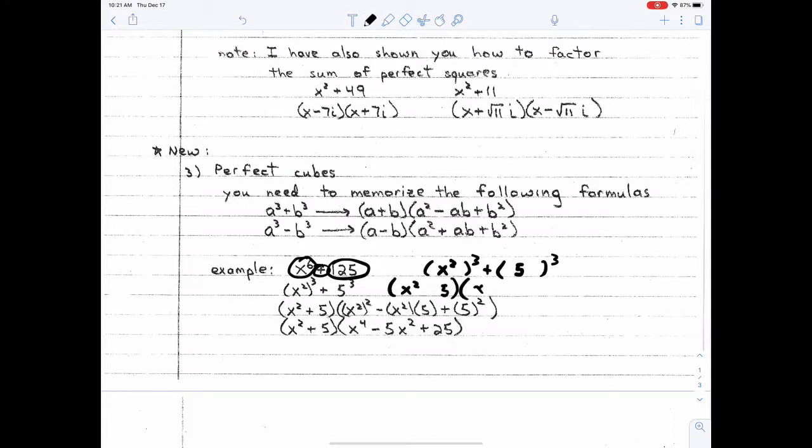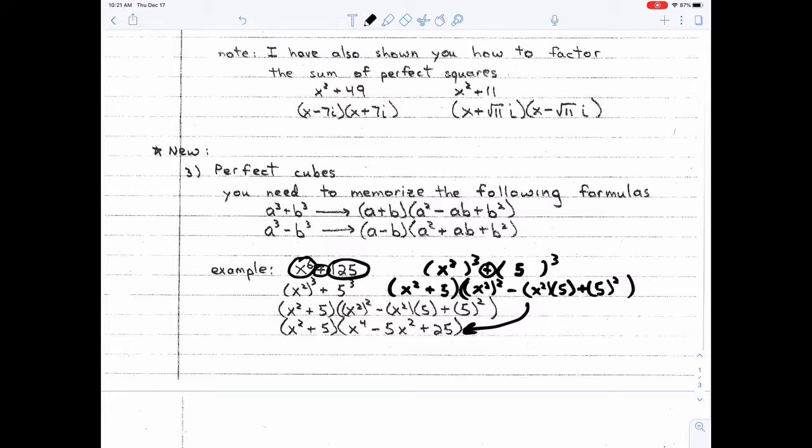Then I take the first one squared, the first times the second, and then plus the second one squared. And then whatever the sign is between them, I put that sign here and the opposite there. And then you simplify it into this thing. Quite frankly, everyone is going to be like that.